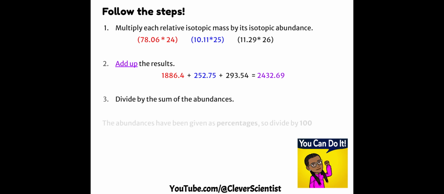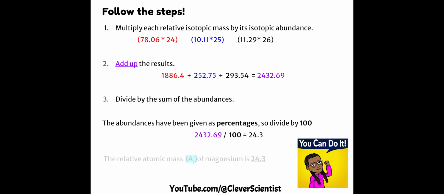I've colour coded it so you can see where the numbers come from. And then you divide by the sum of the abundances. In this question, the abundances were given as a percentage, so all you do is divide by 100. And the answer that you end up with is 24.3. So that means the relative atomic mass of magnesium is 24.3.